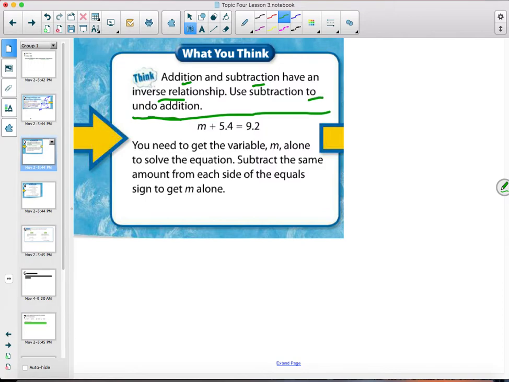Well, this is where you begin to set up your layers. You need to think, I'm going to keep both sides of the equation equal by doing the same thing on both sides, because you need to get the variable m alone in order to solve this equation. So you would subtract the same amount from each side of the equal sign to get m alone.